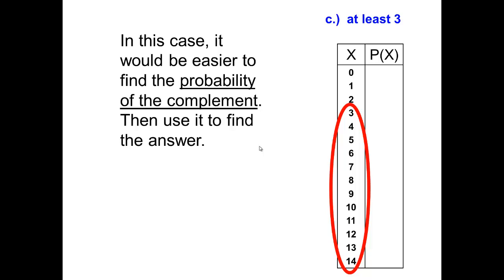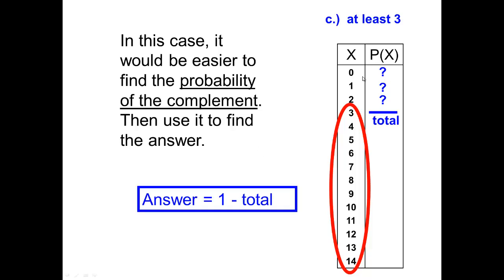In this case, since there are so many numbers for the at least 3, it would be easier to find the probability using the complement and then use the complement of that to find the answer.